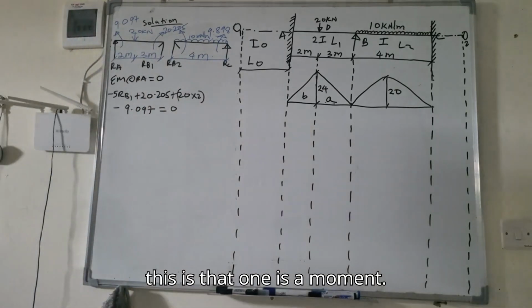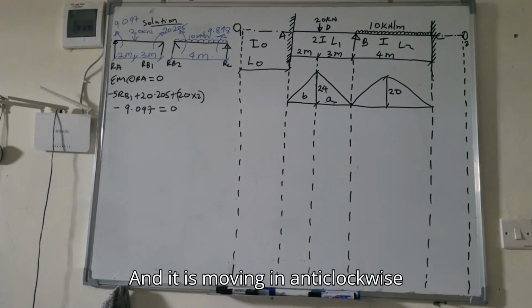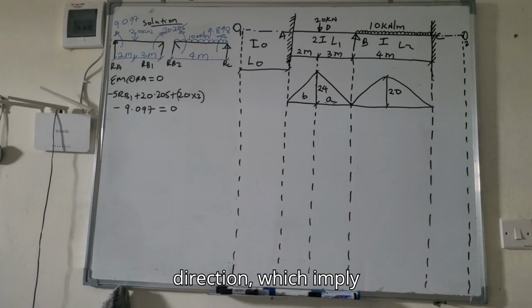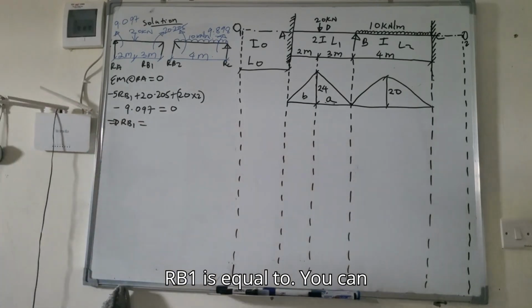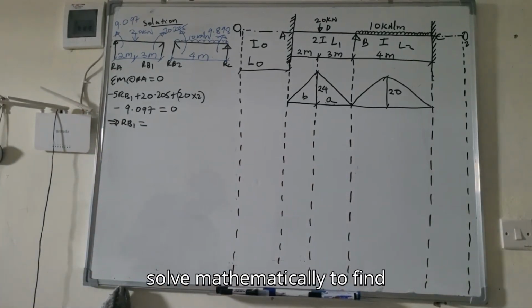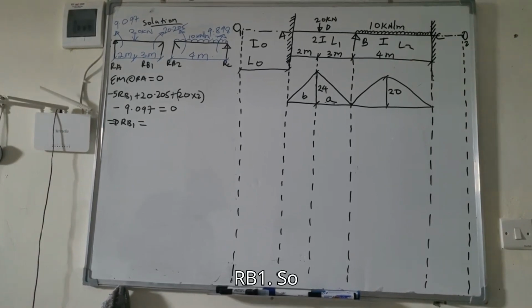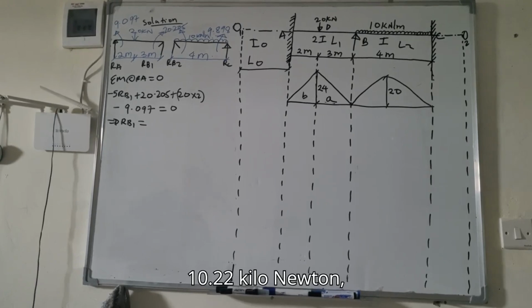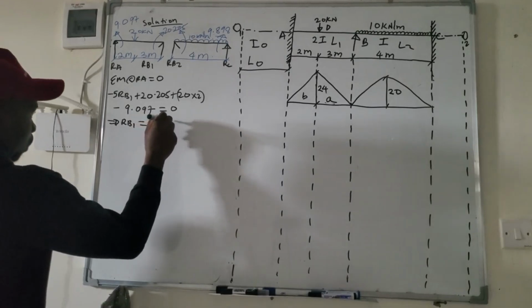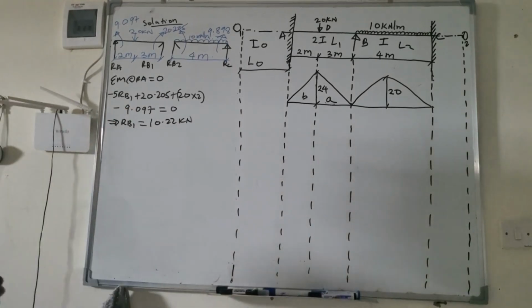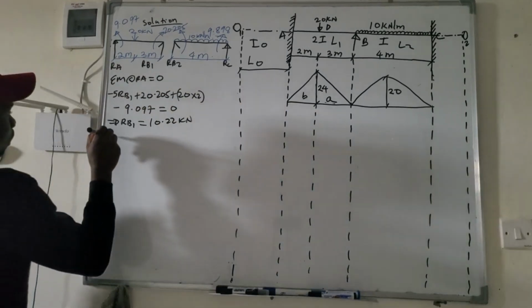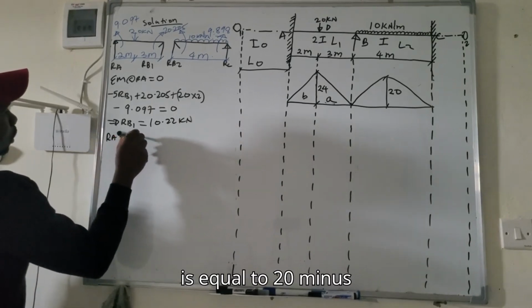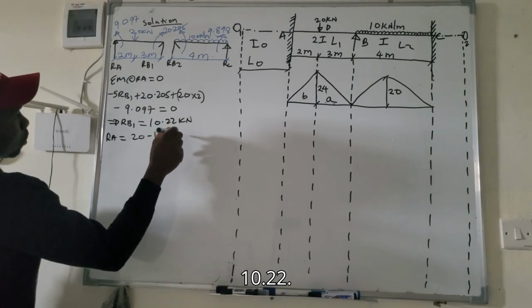Why? Because that one is a moment and it is moving in anti-clockwise direction, which implies RB1 is equal to, you can solve mathematically, 10.22 kilonewton. If you have RB1, then automatically you can find RA. So RA is equal to 20 minus 10.22.